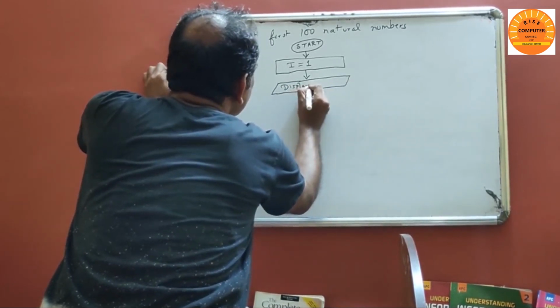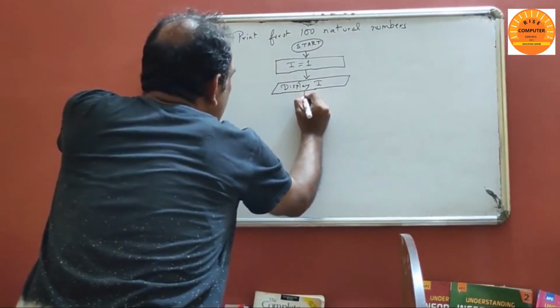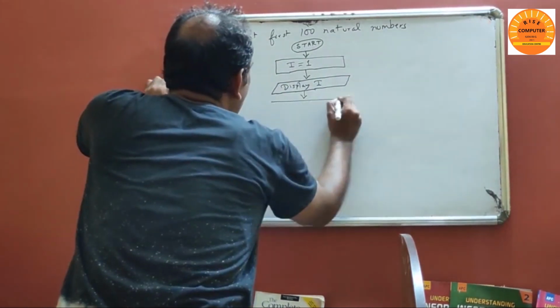Display I. Then I will increment, 1, then 2, then 3, increasing by 1.